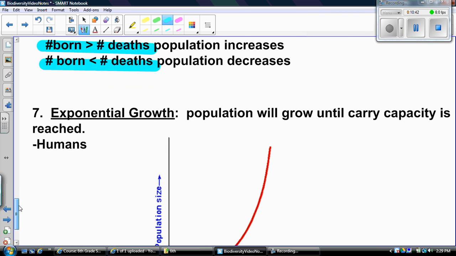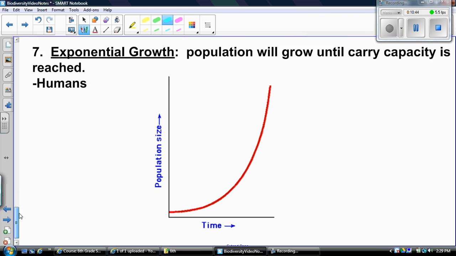And then the last factor that we're going to talk about is exponential growth. Exponential growth is when a population continues growing until carrying capacity is reached. We are in what's called exponential growth. We have not reached carrying capacity because the Earth so far has enough resources to support our growing population.